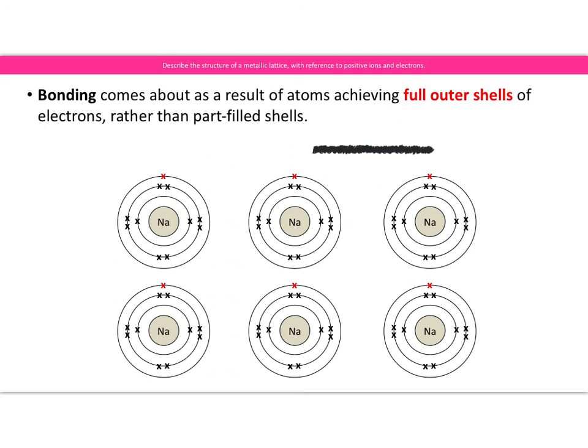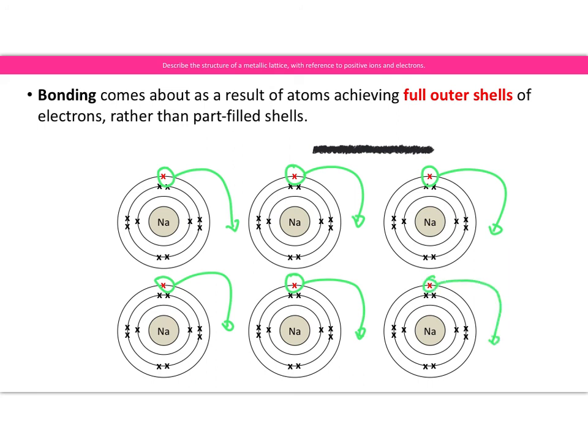What's going to happen is the outer electron is going to move off the outer shell. What we do is we say it becomes delocalized. Now, localized means it stays around a particular area or region. You can think of when you're talking about your local shops or whatever.